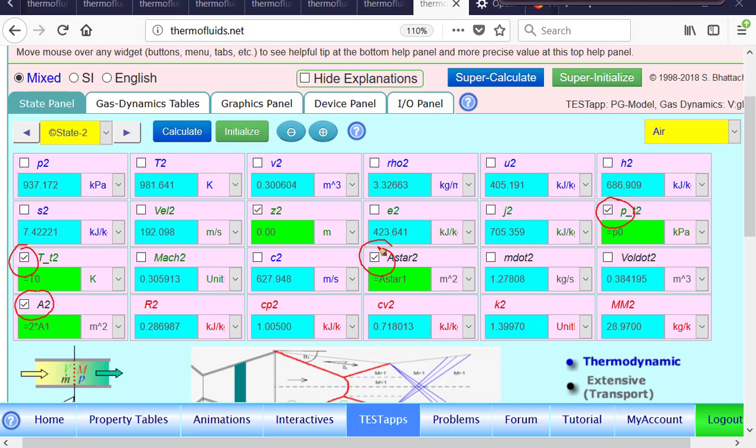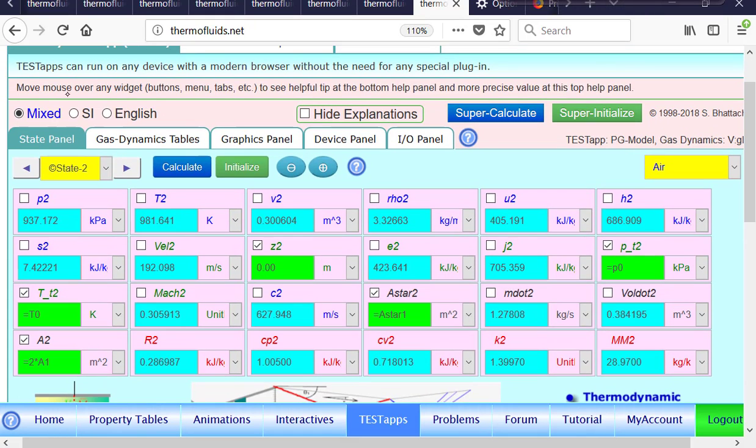As we calculate, keep an eye on this help area. If we put the pointer over the Mach number, you'll see the Mach number is shown to be 0.3059, but an alternative supersonic solution is shown, 2.197.